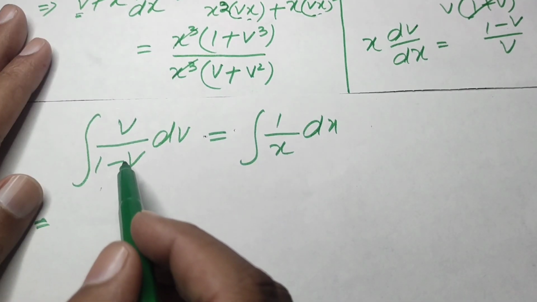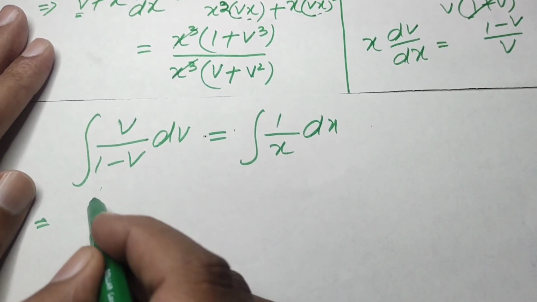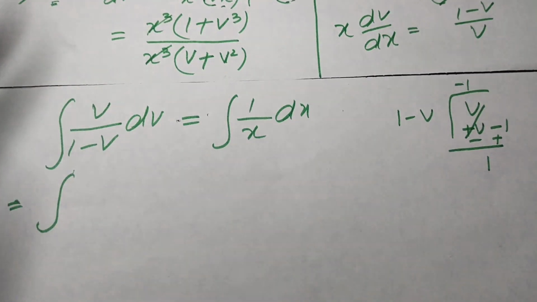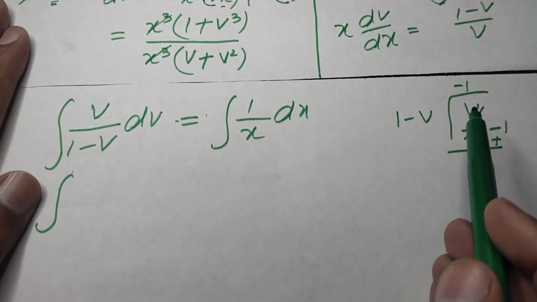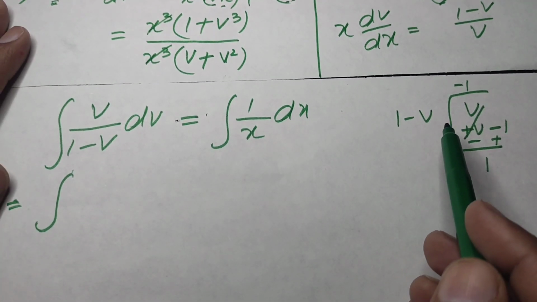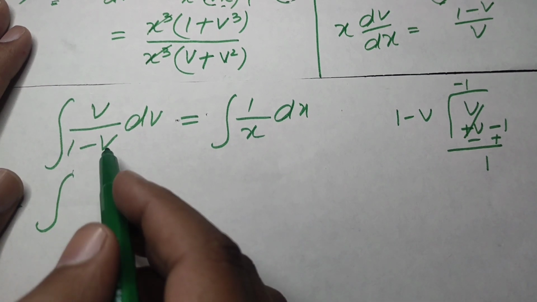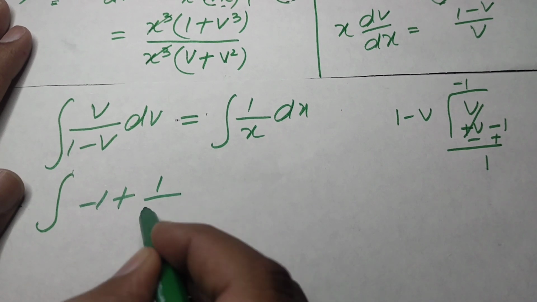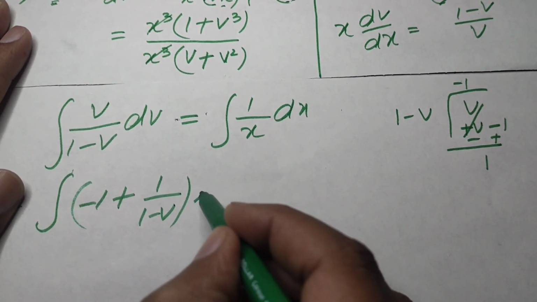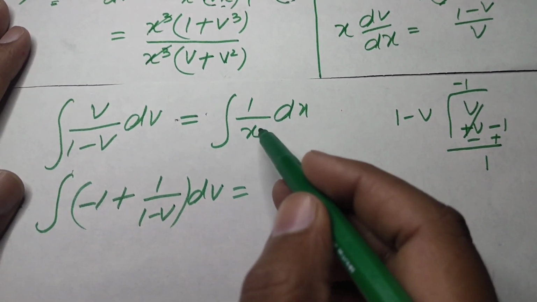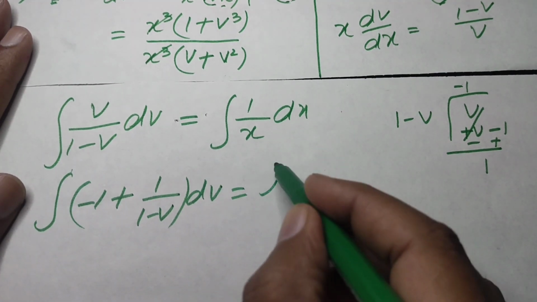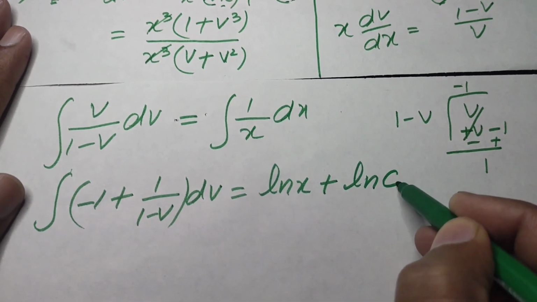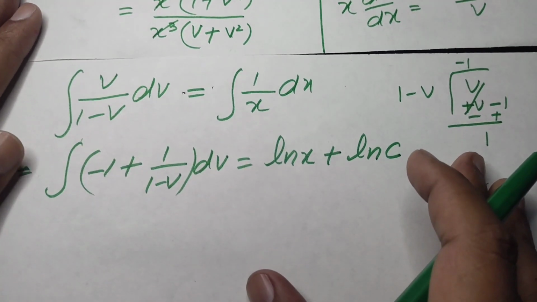The integrand is in improper form, so first we will convert it to proper form. In order to do this, we will divide v by (1 minus v), and after division we write the expression in this form: integral of (minus 1 plus 1 over (1 minus v)) dv is equal to, here we know that the integration of 1 over x is log of x, plus we add log of c, where c is the constant of integration.